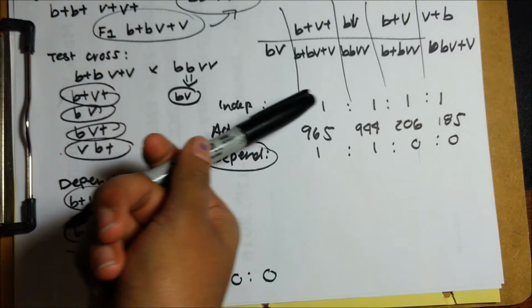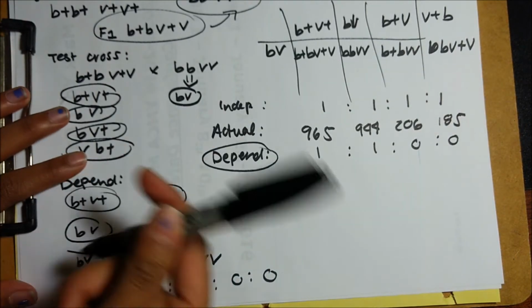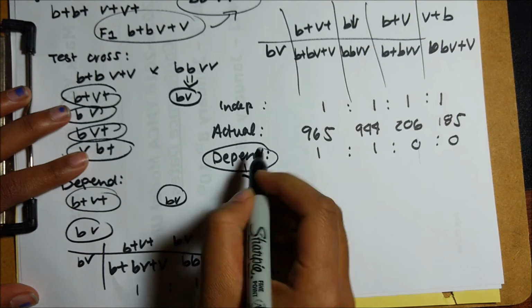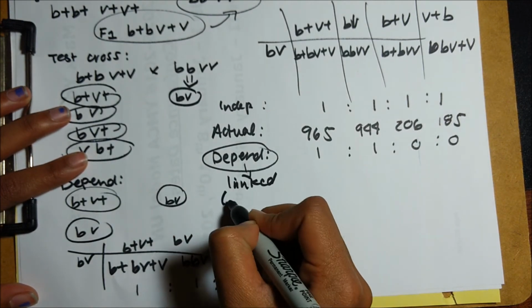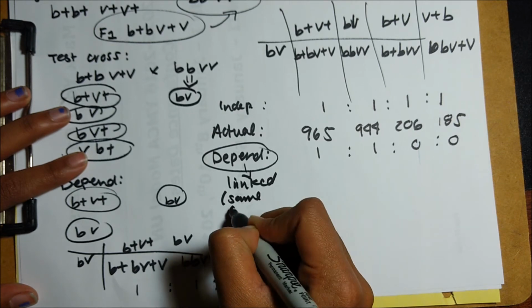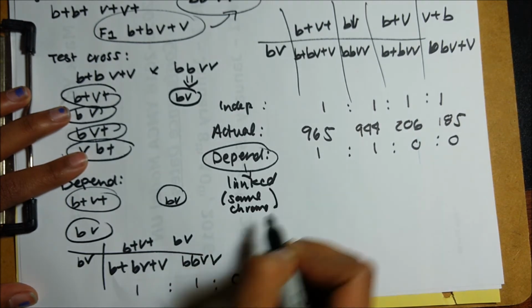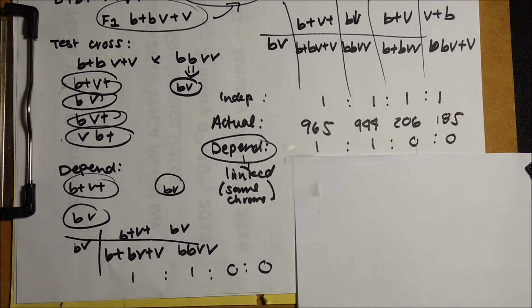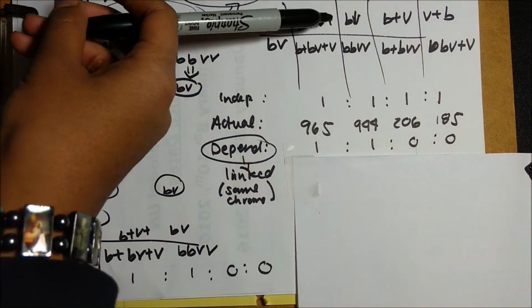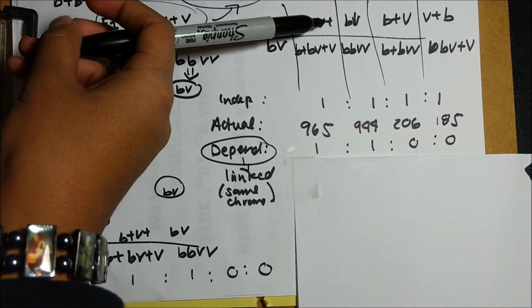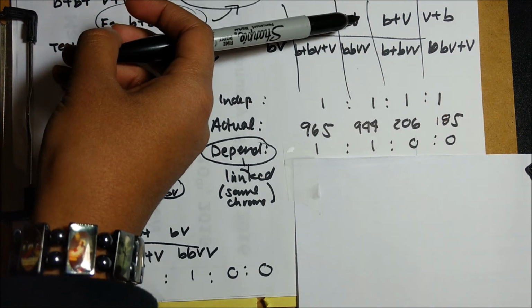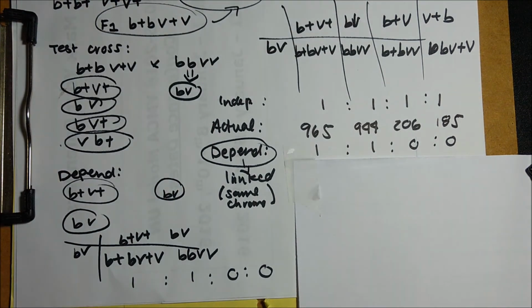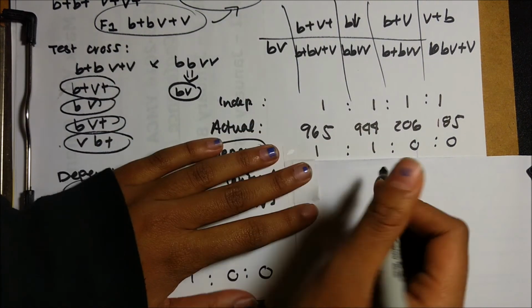So, dependent would mean that they are linked. Also, that they're found on the same chromosome. So now that we know that these two genes are linked on the same chromosome, and the two mutants are found on the same chromosome, we can draw those two chromosomes.